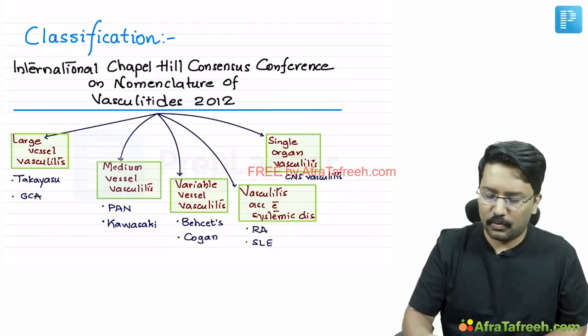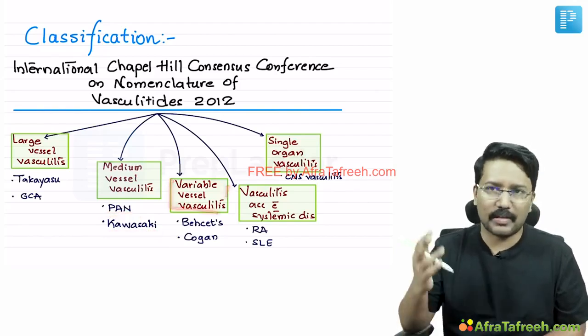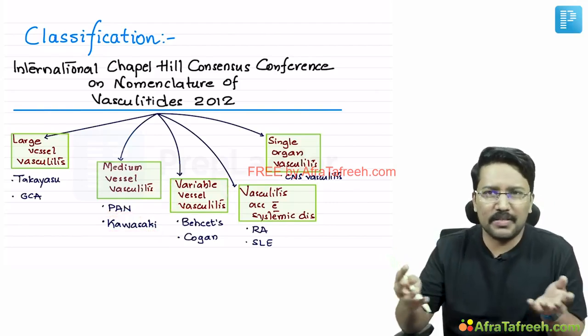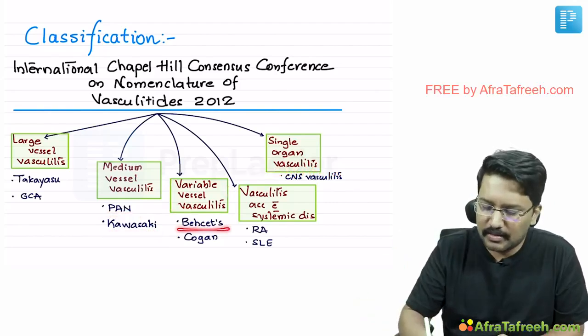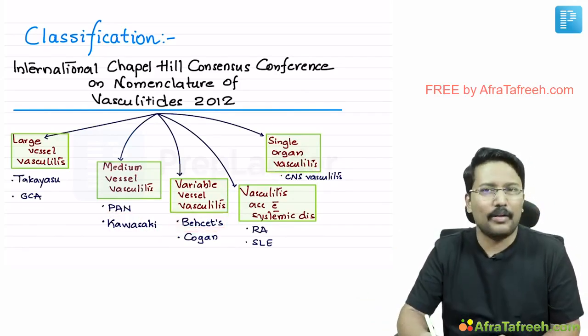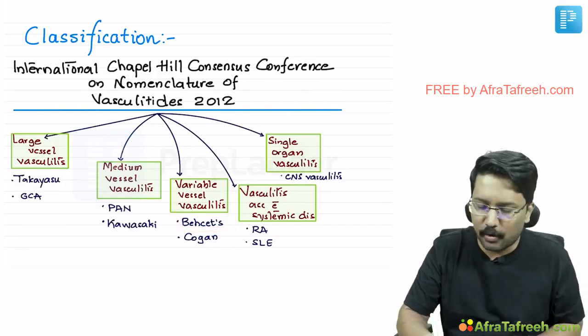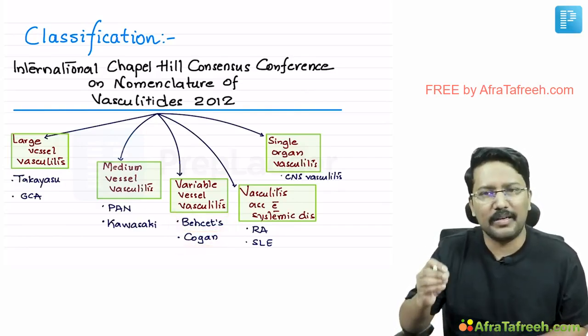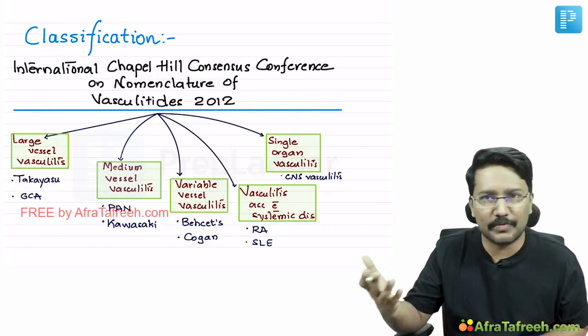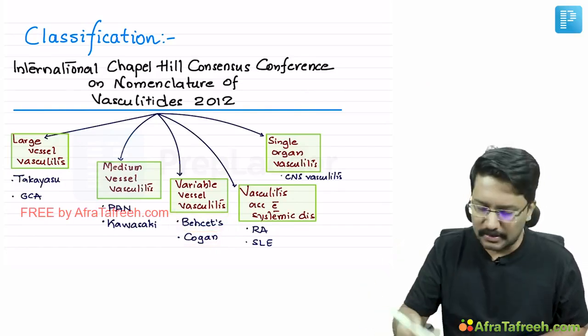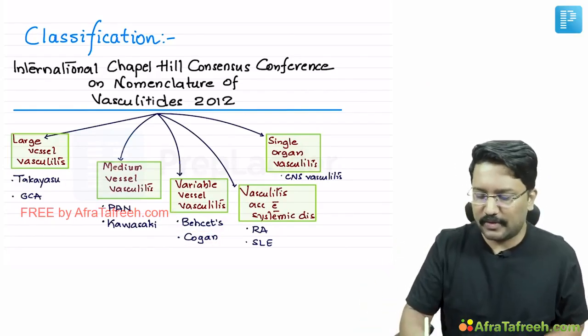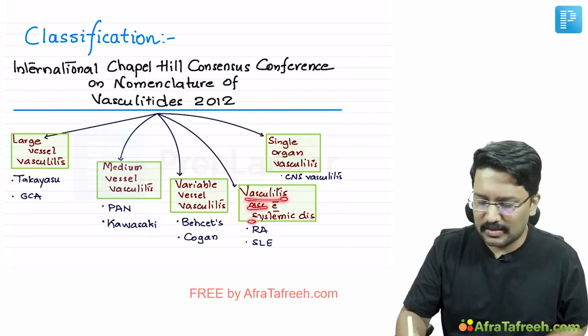Now, talking about the variable vessel vasculitis, I want you to remember two. From a physician's perspective, we are mainly concerned about Behçet syndrome, and ophthalmologists may be a little more concerned about Cogan syndrome. We will be learning a little bit about both of these as we go along the rheumatology series. Let us now move on to the vasculitis associated with systemic diseases.